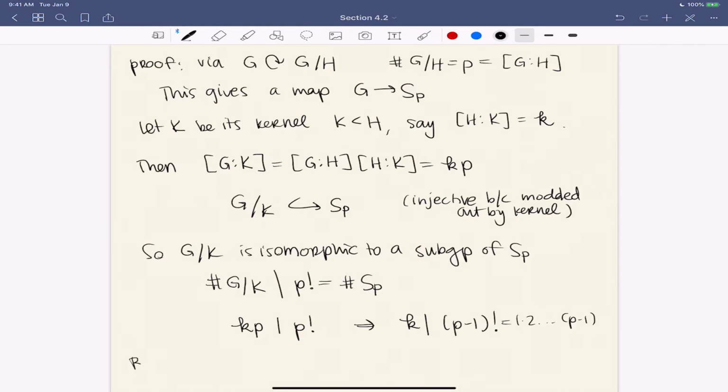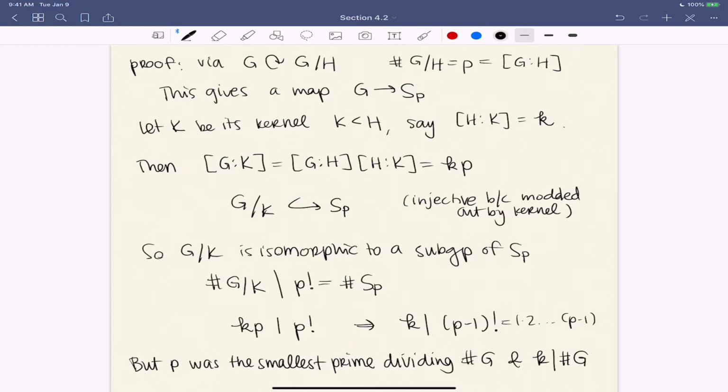But P was the smallest prime dividing the order of G, and k certainly divides the order of G. The index of any subgroup divides the order of the group.